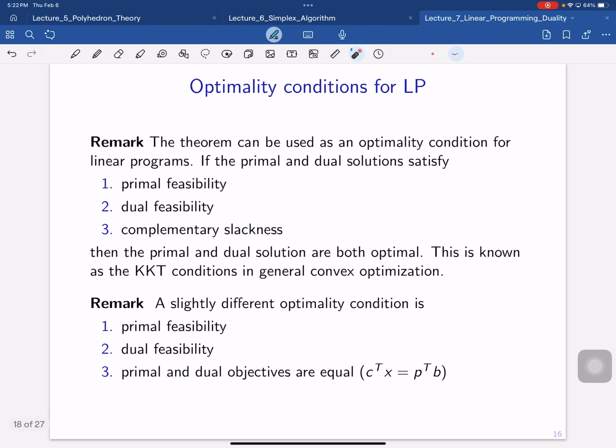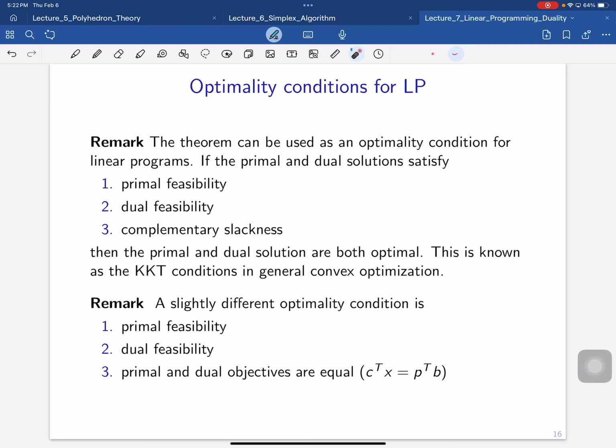All right, so here's a remark. What is the optimality condition for an LP from a primal-dual perspective? You have primal feasibility, dual feasibility, and complementary slackness, which give you the necessary and sufficient condition.